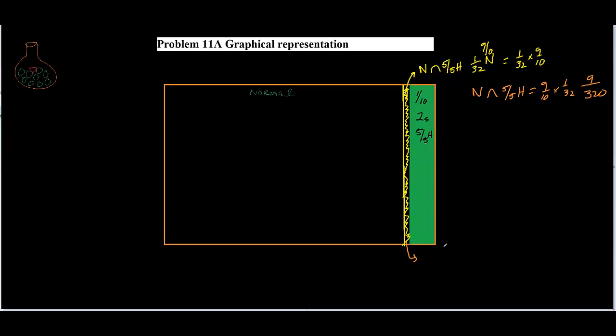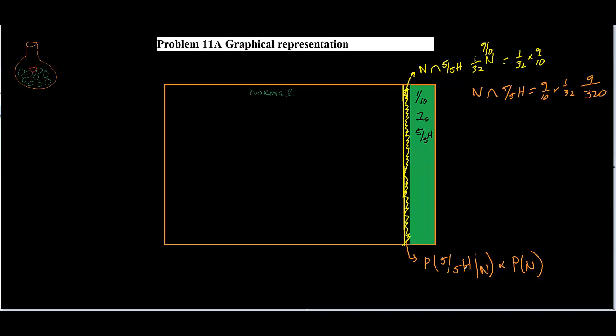This area, you could also write it as the probability of getting 5 out of 5 heads given that we got the normal coin, times the probability of getting the normal coin. All of these things are equivalent.